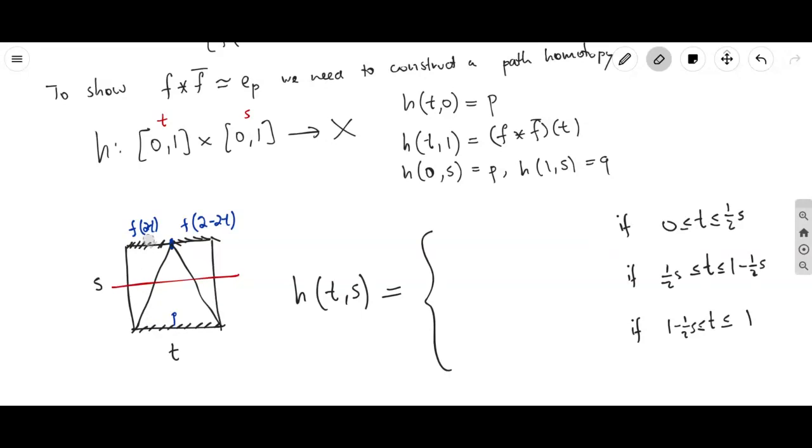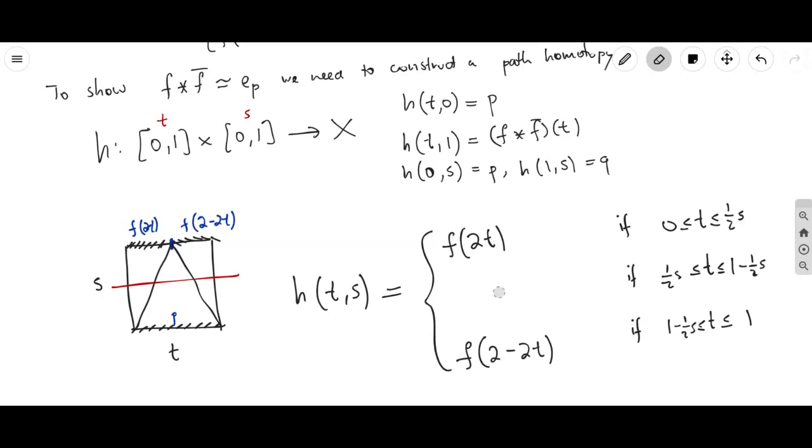On the left one, you're going to use f of 2t. On the right one, you're going to write f of 2 minus 2t. And it's the one in the middle which is the tricky one.